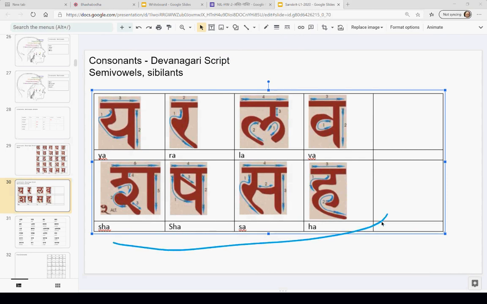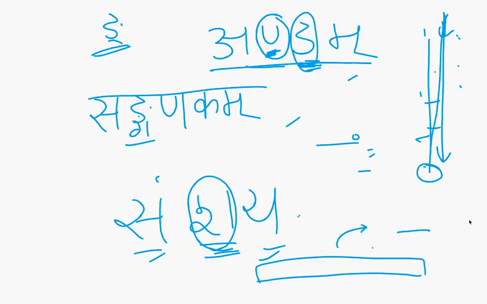Not all are sibilants, but sha is a sibilant. So here, this sha is one of those yara, lava, sha, sha, sa, ha, the last 8.